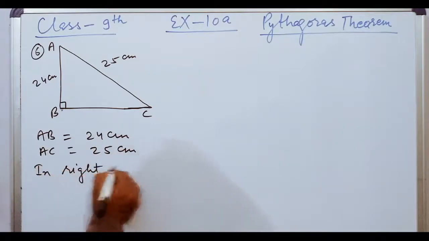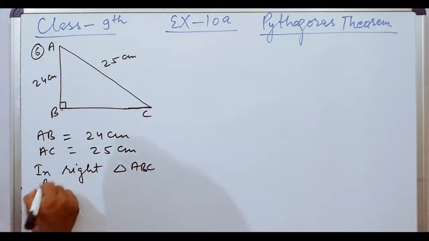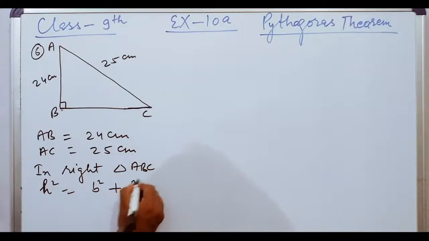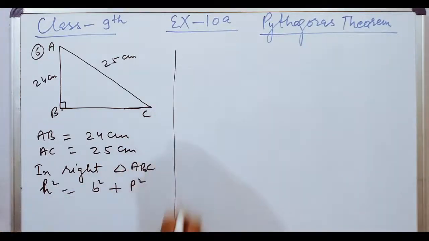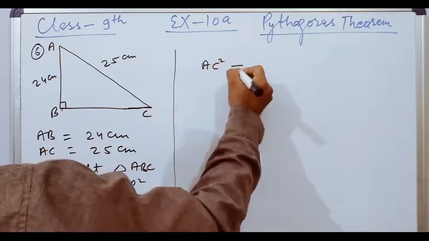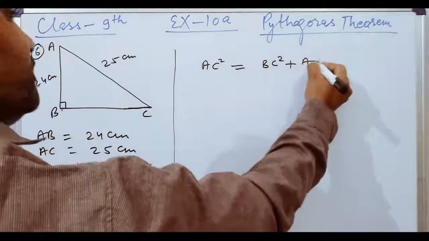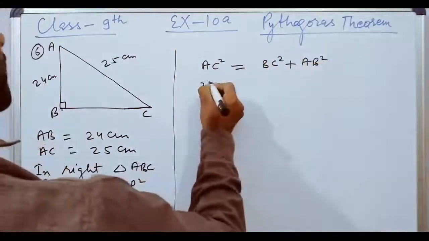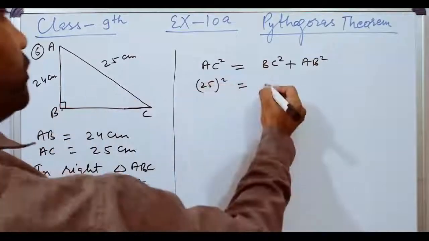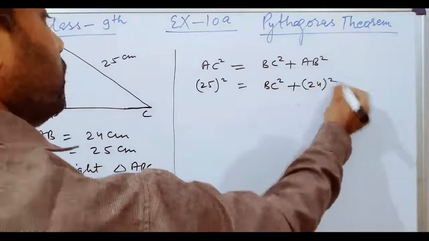In right triangle ABC, hypotenuse square equal to base square plus perpendicular square. So hypotenuse square means AC square equal to base BC square plus AB square. Then 25 whole square. BC square we don't know, we have to find BC square. AB square means 24 whole square.